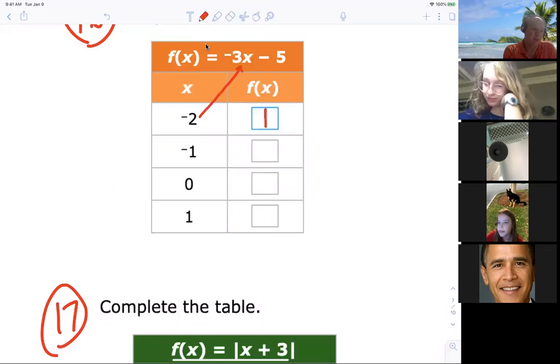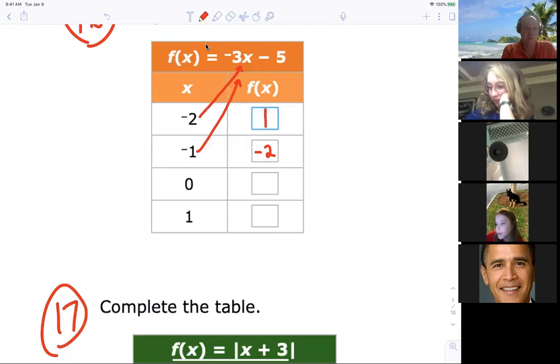All right, now plug -1 in. -3 times -1 is 3. And then minus 5. It's -2. There we go.